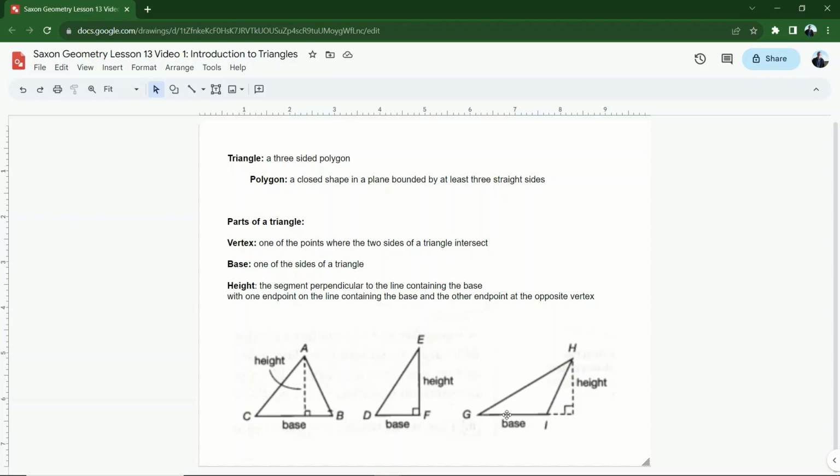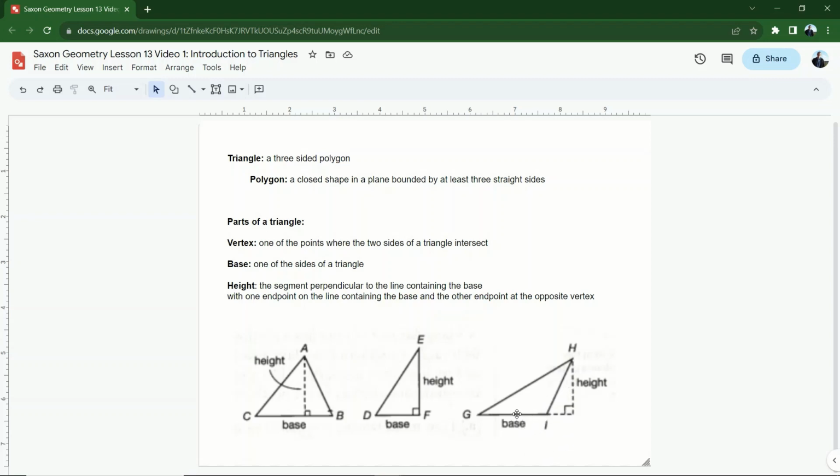Right, and then my last triangle is the one that shows the reason why it's hard to define what the height is, the reason why my height definition is so wordy. Because notice that in this triangle, the height is perpendicular to the base line, but it doesn't actually touch the base. The height falls outside the triangle. That'll happen when you have these obtuse triangles. We'll talk about what an obtuse triangle is in the next video.